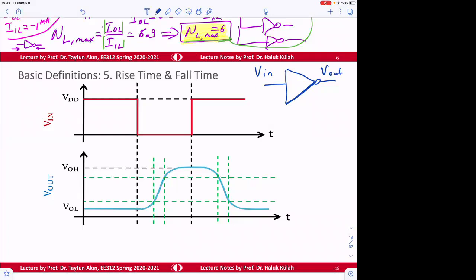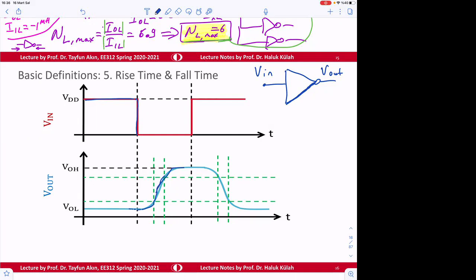We will be switching the input voltage from high to low, so maybe 0 volt to 5 volt, or 5 volt to 0 volt. When you switch this signal from high to low, we expect the output to be switching from low to high. Okay, but there's going to be a delay.